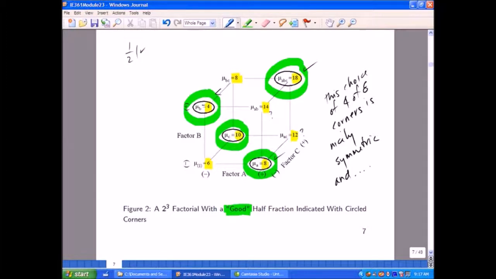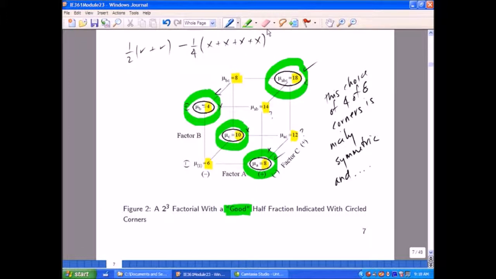So I might take half of check mark plus check mark and then subtract the average of those two guys and those two guys. So I might subtract a fourth of the corners that I do have.